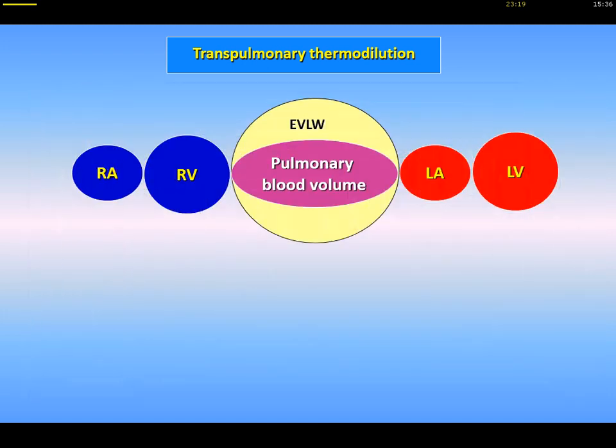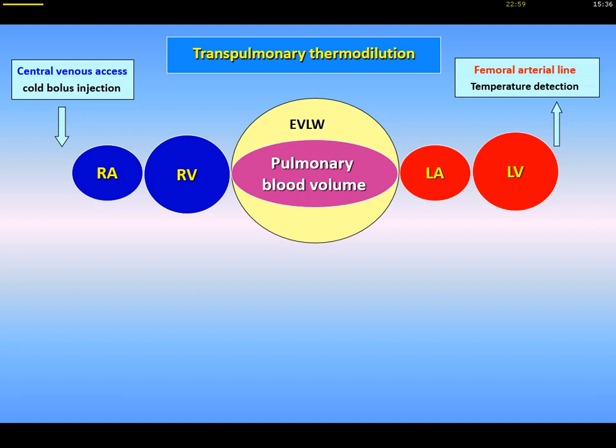And you know that if you inject a cold bolus in the blood through the central venous axis, you can have a dilution in the right atrium, right ventricle, pulmonary compartment, left atrium, left ventricle, and you can record the changes in blood temperature at the level of the femoral artery.